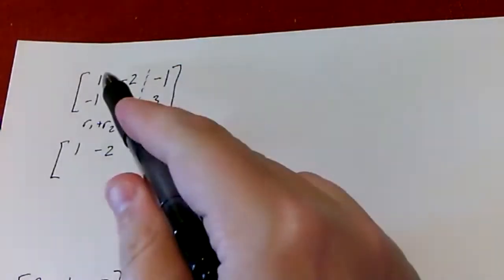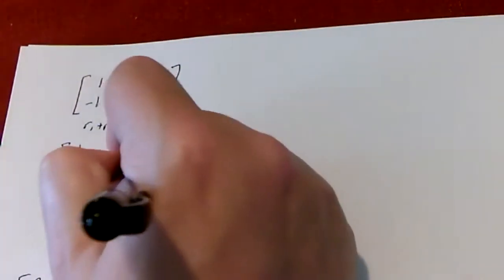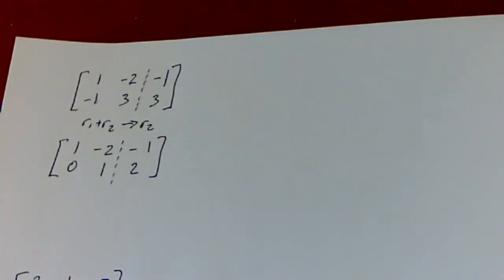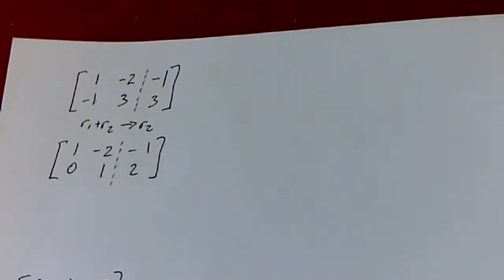My row 2 now, this is 1 plus negative 1 is 0. Negative 2 plus 3 is 1. And negative 1 plus 3 is 2. So now if I put my equals bar back in there, I can see that I have x2 equals 2, because I have no copies of x1.